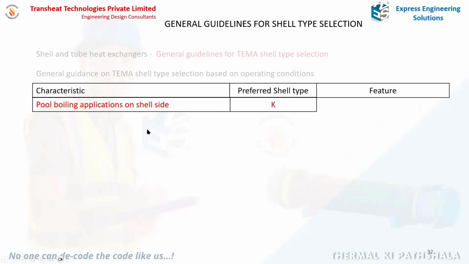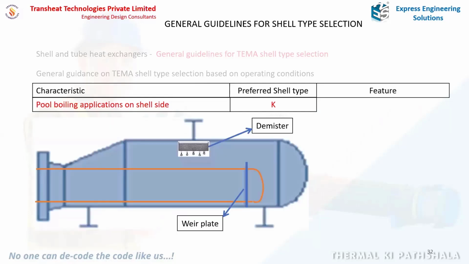So in such cases, we recommend using a K-type shell, which is a kettle-type shell. So this is a kettle-type shell where you have the tube bundle and a larger shell, much bigger than the actual required shell diameter. So this is the kettle, and this is a transition piece between the tube bundle and the kettle.